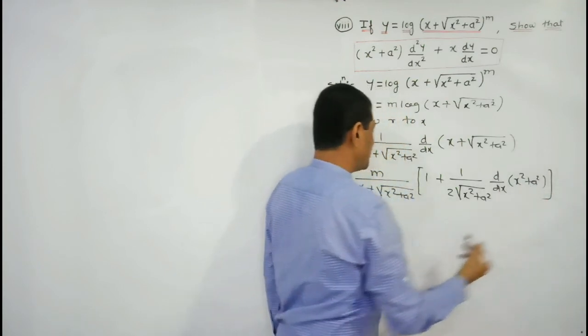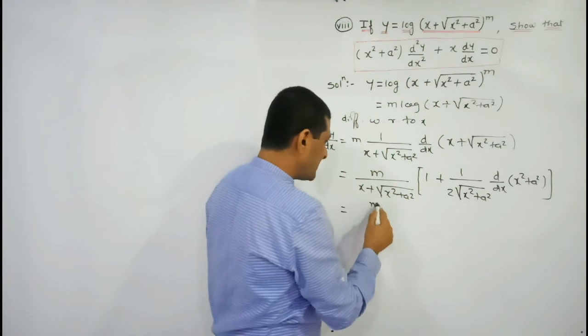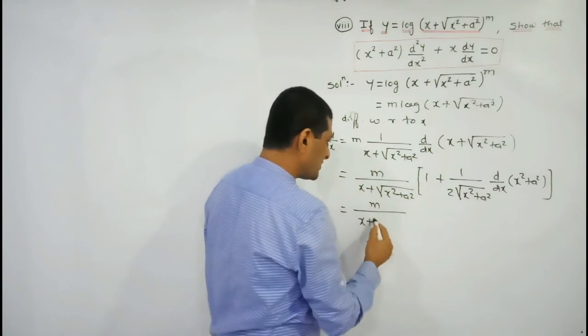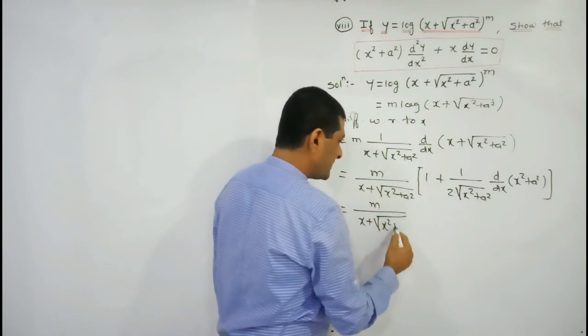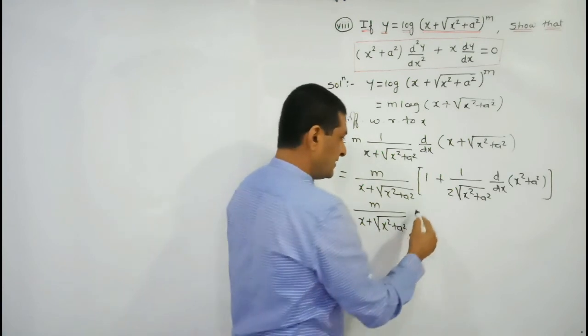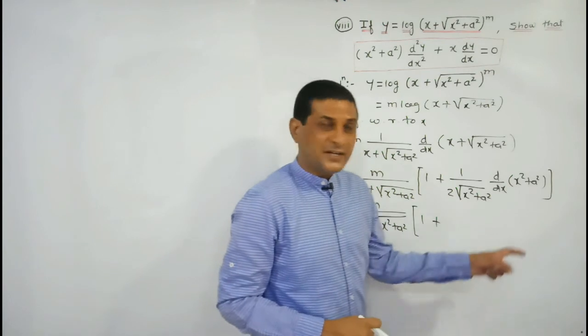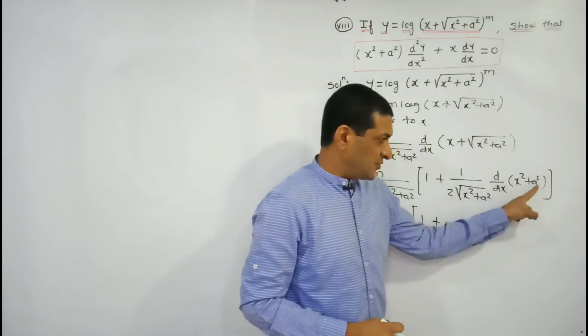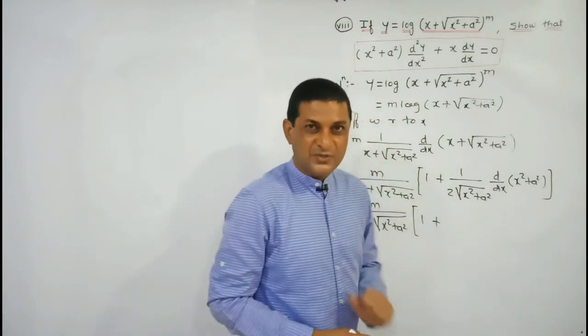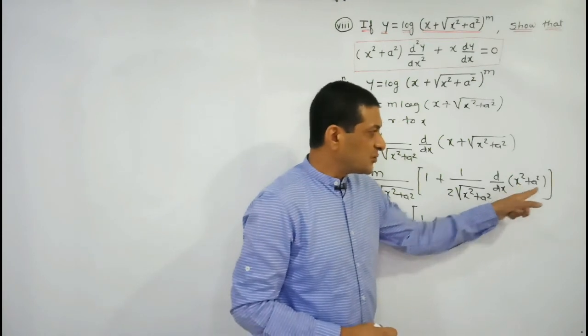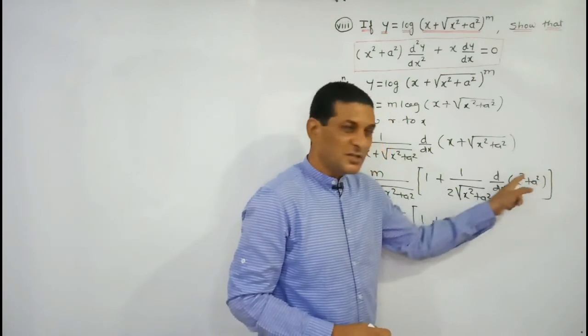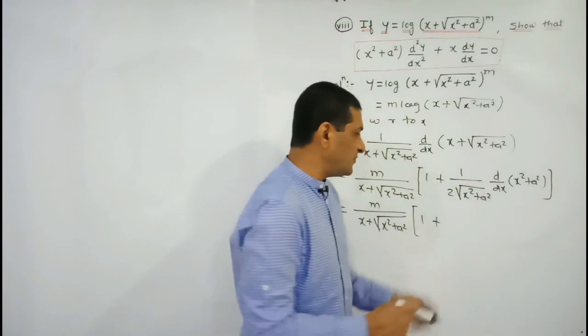So which is equal to m upon x plus under root x square plus a square, keep it as it is. Now here 1 keep it as it is, plus also as it is. We are finding differentiation of this term. Here a square is a constant term, so its derivative is 0, and derivative of x square is 2x, means derivative of this whole term is equal to 2x, and 2x into 1 will be equal to 2x.